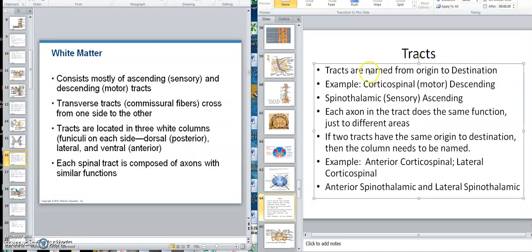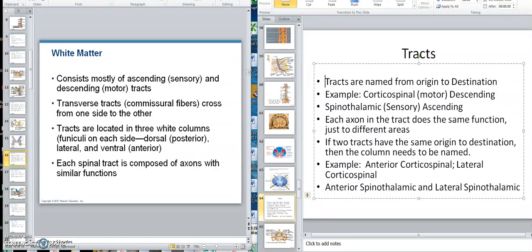We kind of brought this up before. So a tract is a cluster of axons in the central nervous system, CNS. And it's really going to be a cluster of myelinated axons in the central nervous system.